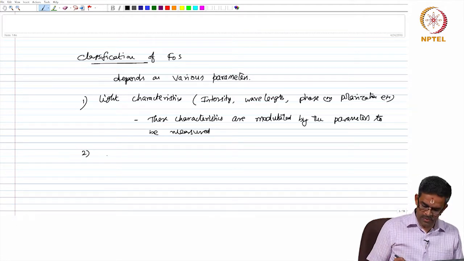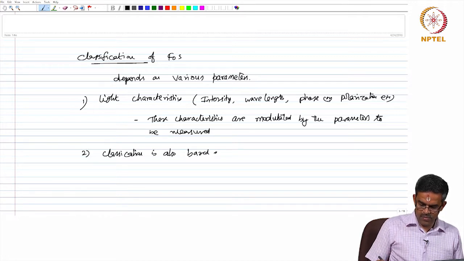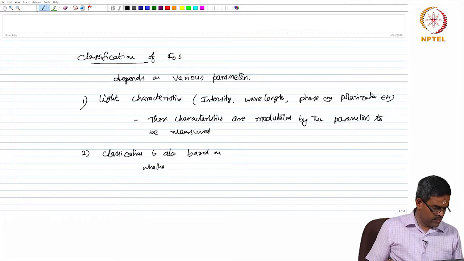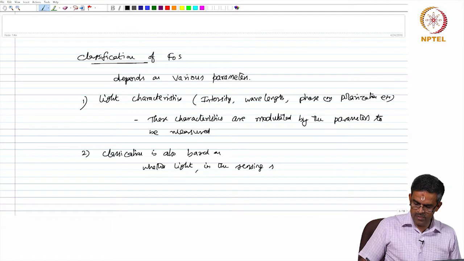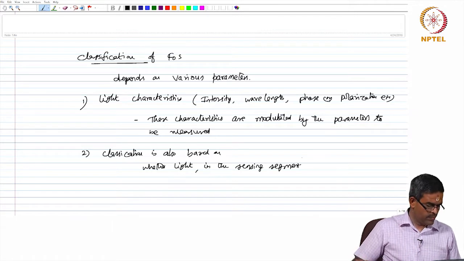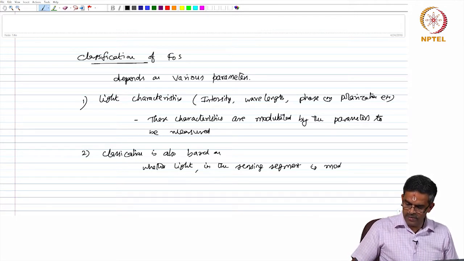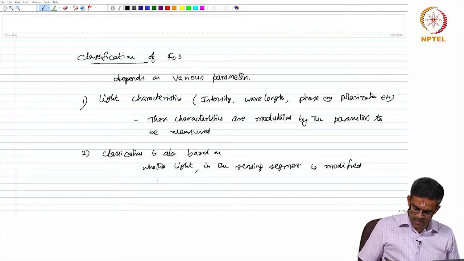Classification is also done whether light in the sensing segment is modified inside or outside the fiber.